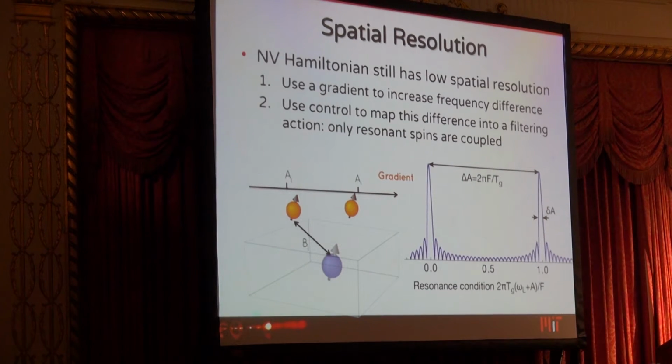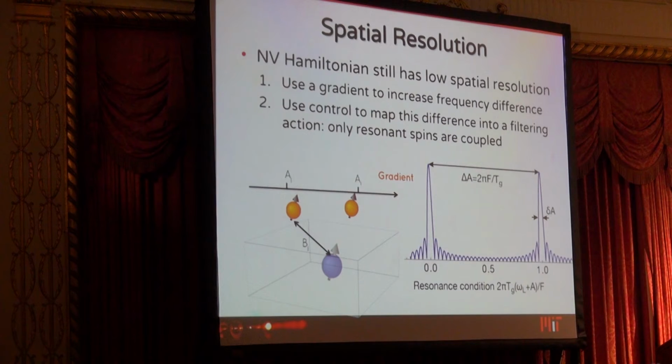So what we can do is to alternate evolution under the gradient created, for example, by the NV spin or by some external magnetic tip, and evolution during which we put in thermal contact the NV spin and the nuclear spin. And these two interleaved evolutions create a frequency comb which will allow us to retain only the coupling to one spin and cancel the coupling to the other one. And this allows us to have much better spatial resolution.